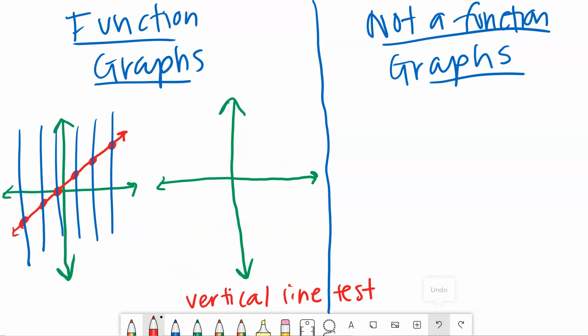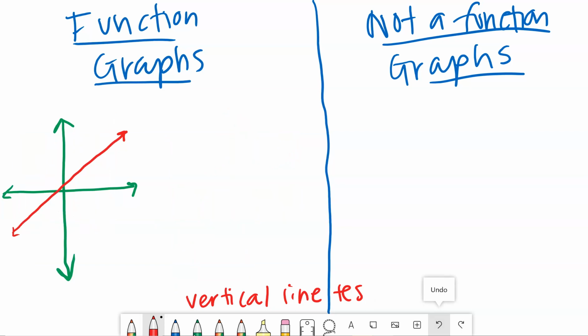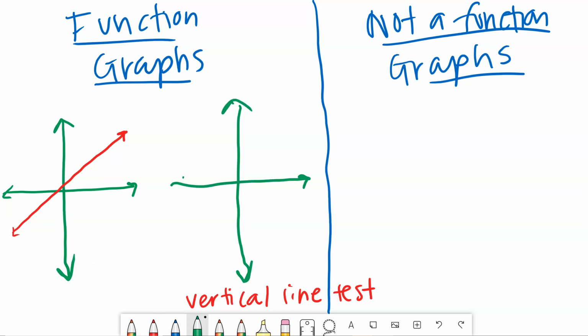So let me go back and let me create more. So hopefully you can see it. Oops, I didn't mean to do that. All right. So let me create another one here. And again, all you have to do is the vertical line test.